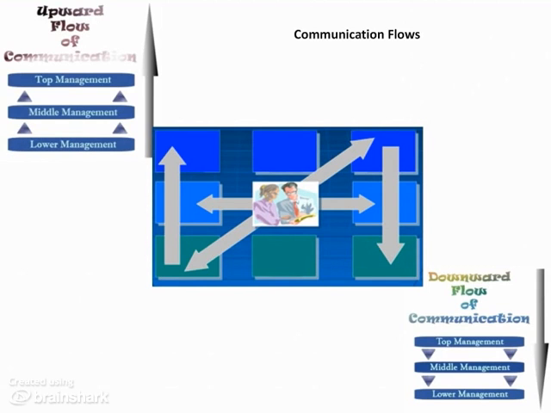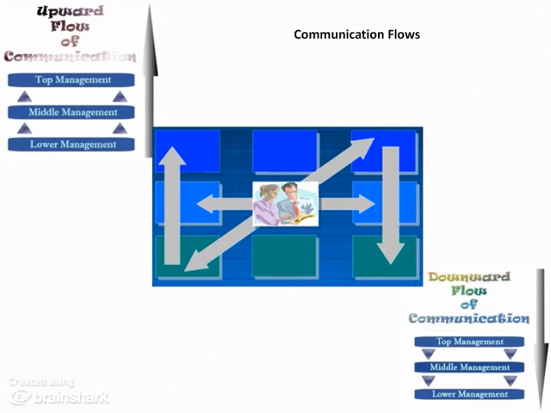When we're talking about communication inside the workplace, there are three basic ways that formal messages flow: downward, upward, and horizontally. In downward communication, we have messages that flow from managers and supervisors to subordinates.